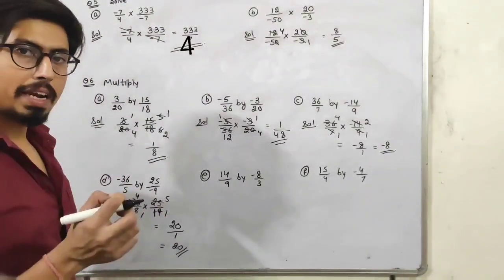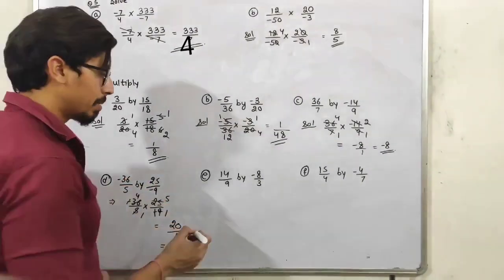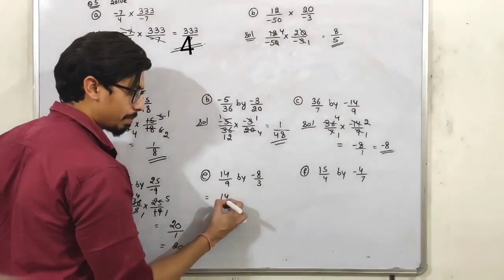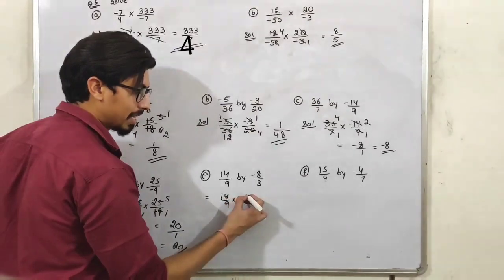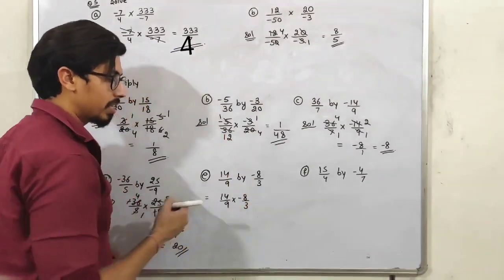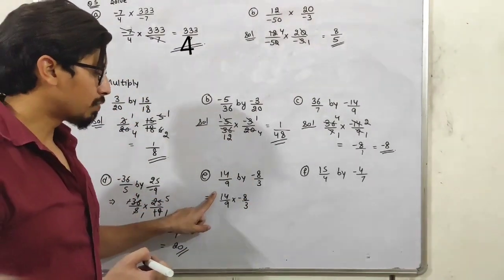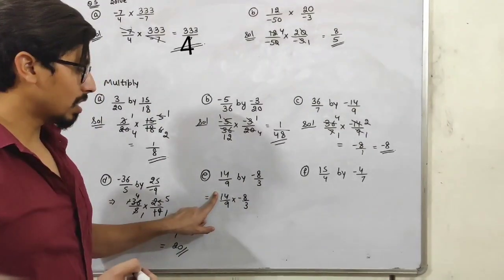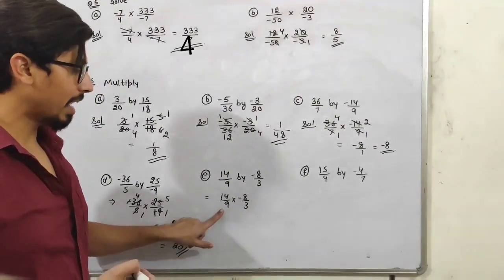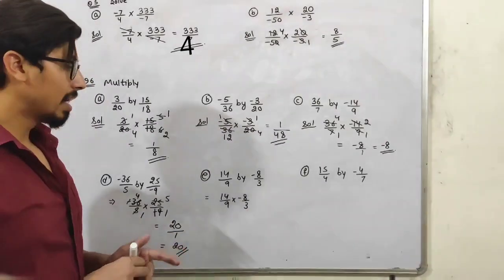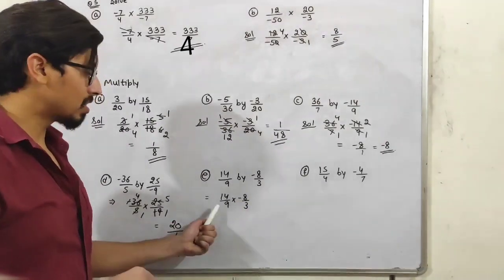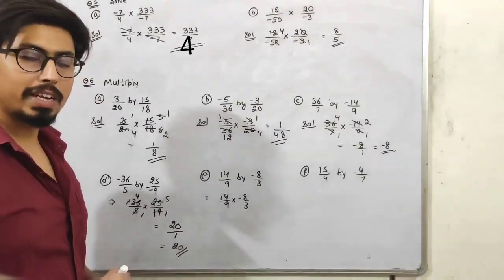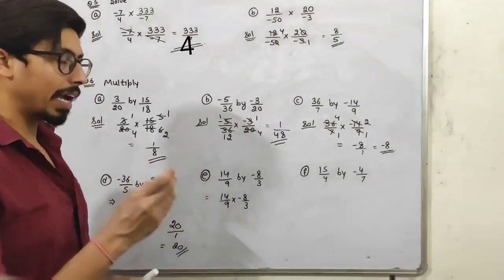Okay students, now we have 14 by 9 multiplied by minus 8 by 3. See friends, this 14 is not cancelled by 9 or 3. And this 8 is not cancelled by 9 or 3 either. So we cannot cancel any of these numbers.